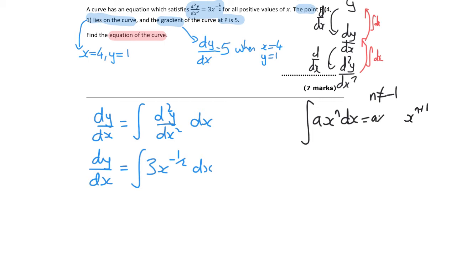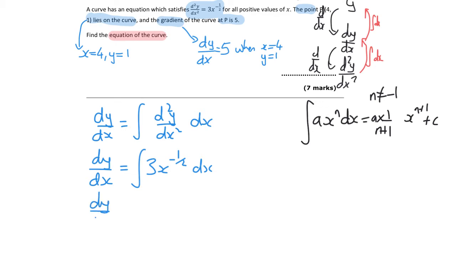So I do a times 1 over n plus 1. Times by the reciprocal is the same thing as dividing by that number. And I also get a plus c, a constant. When I integrate, I always introduce these constants. Okay, so let's have a go at doing that.